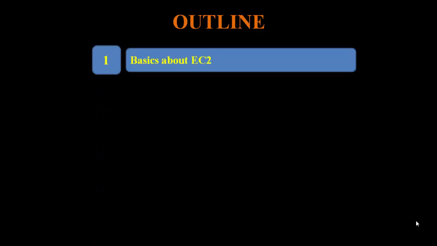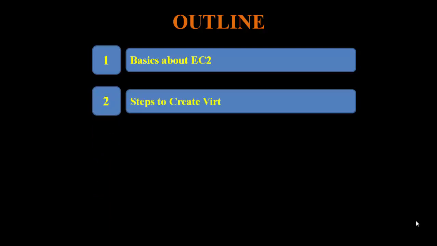Let's get started with the outline of today's video. First, we will discuss the basics of EC2. What exactly EC2 is, we already discussed in our previous video, so in this video I will give a brief overview of EC2. Then we will discuss the steps to create a virtual machine on AWS, giving a brief idea of how we can create a Linux virtual machine on AWS.